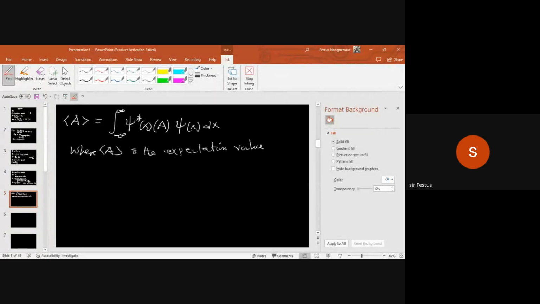Okay, so when you see it in an integral form, it means that you are looking for the average of A.